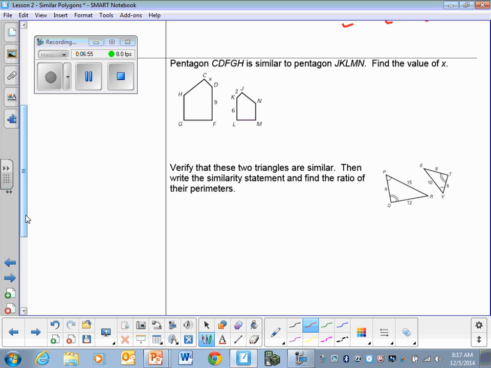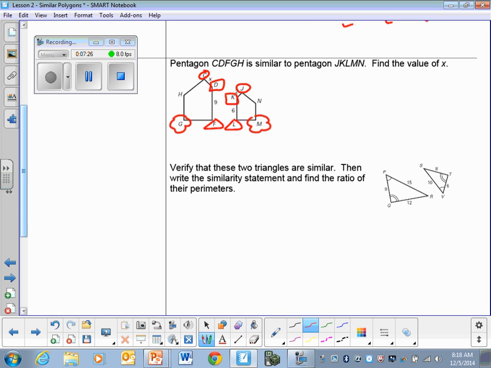Pentagon CDFGH is similar to pentagon JKLMN. Find the value of x. So C to J, D to K, F to L, G to M. Just like with congruent figures, you have to match the corresponding angles.